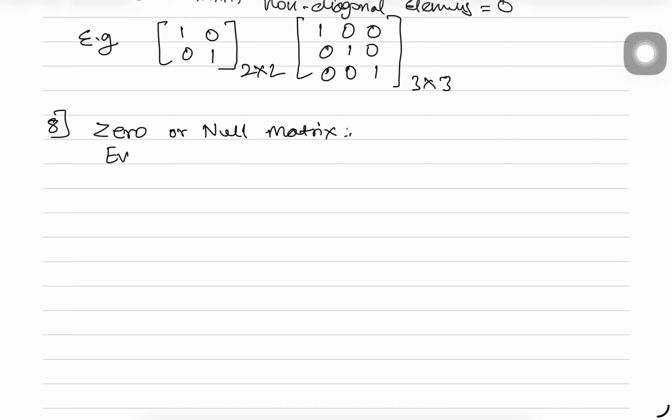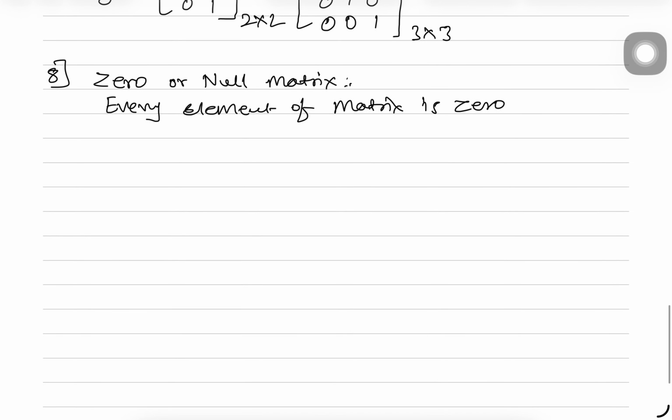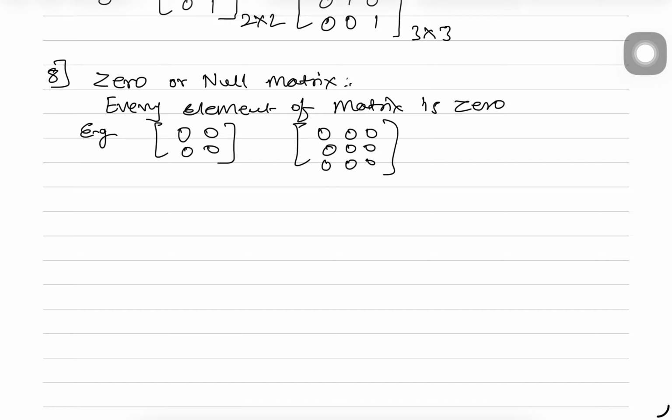Every element of the matrix is zero. So for example, 0 0, 0 0.